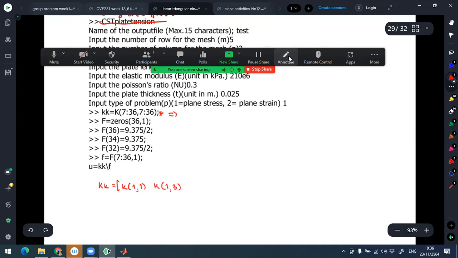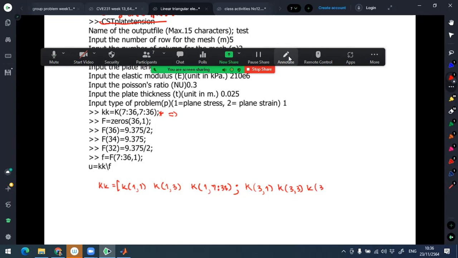We will identify the first row and K1 7 to 36, and then we skip to the third row, that is K31, K33, and then K3 and 7 to 36.